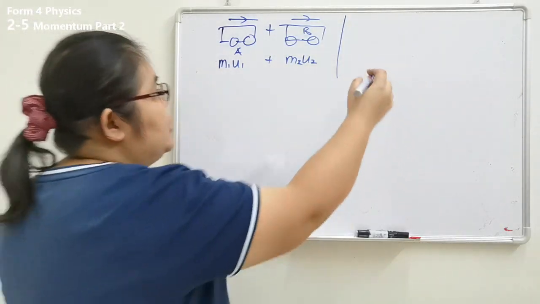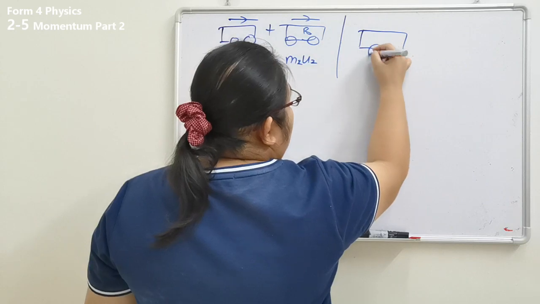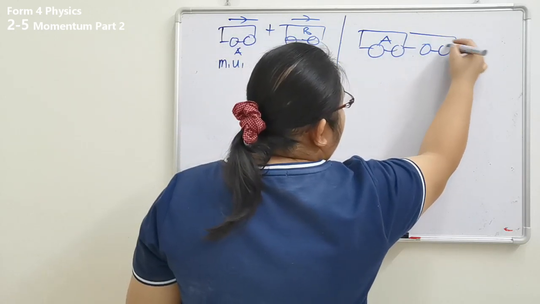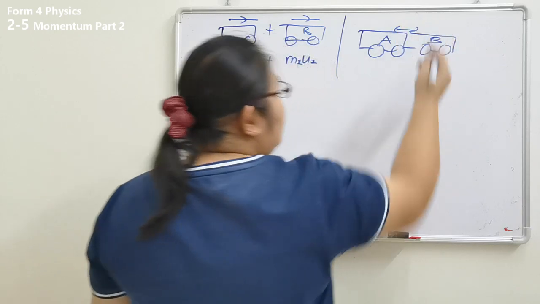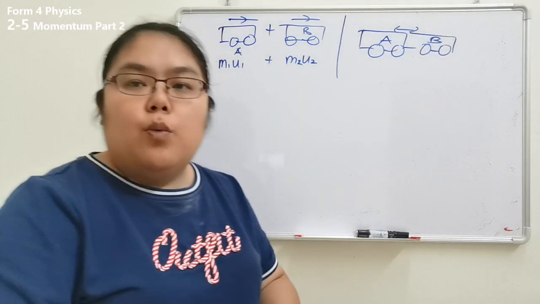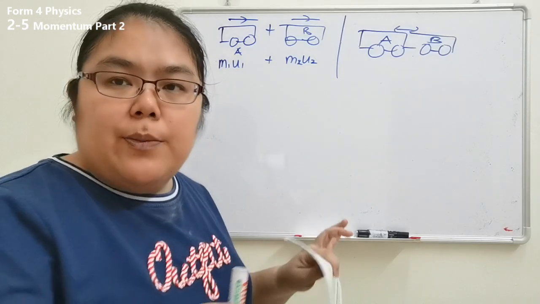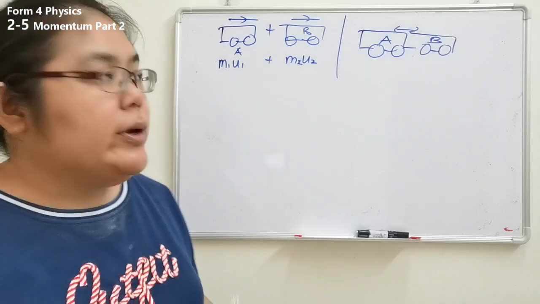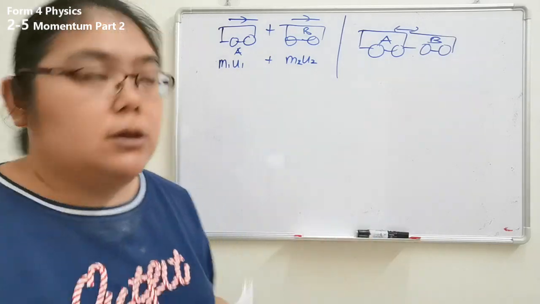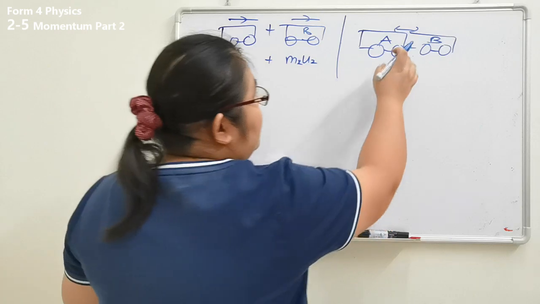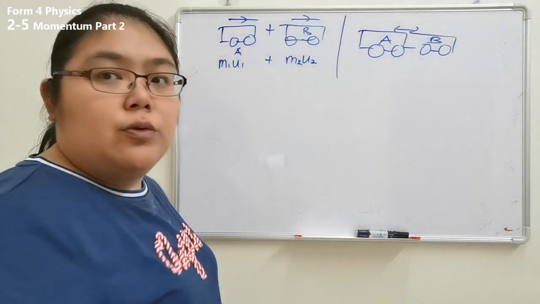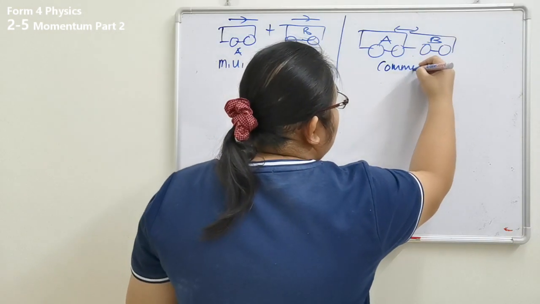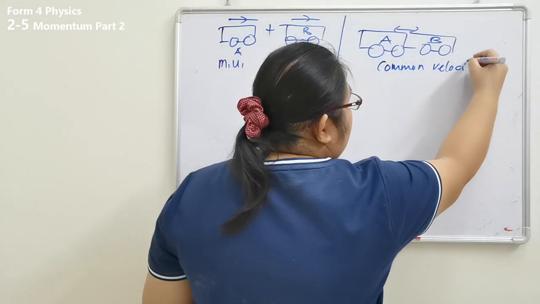After collision, A and B move together, they are locked together. For example, one girl and one boy, when starting you are separate and move, then finally you are hugged together and move. That one we call inelastic collision. So from here, we don't have V1, V2, we just have one V. This V we call the common velocity.